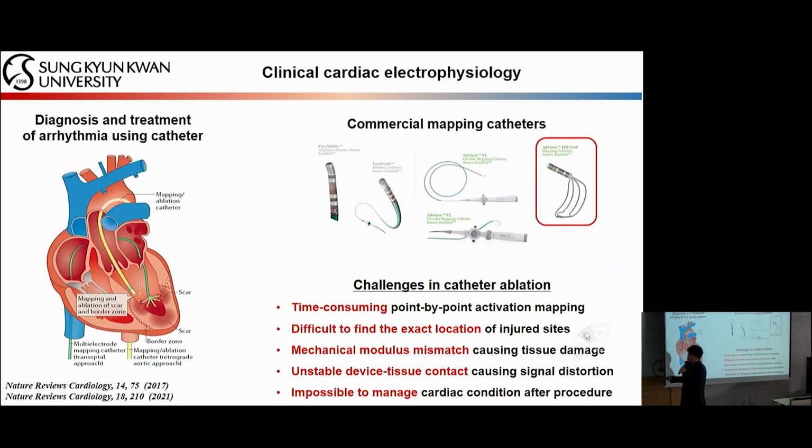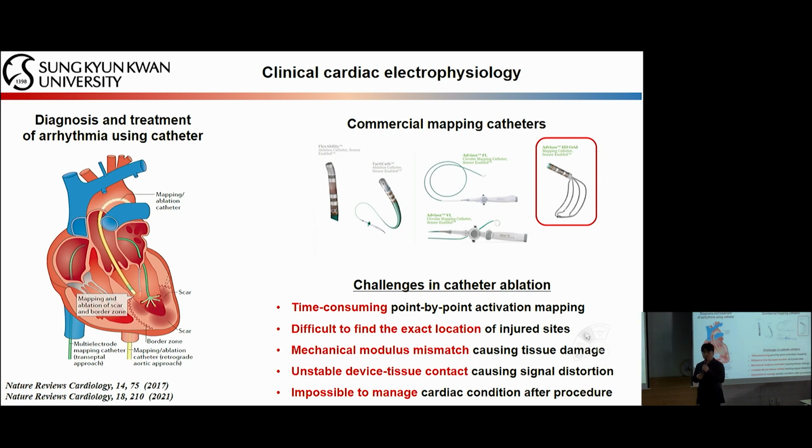All right, so this is arrhythmia. Korean translation is 부정맥. Arrhythmia is one of the critical cardiac diseases. Arrhythmia refers to an irregular heartbeat. In clinical practice, the catheter was primarily used for diagnosis and therapy of cardiac disease.